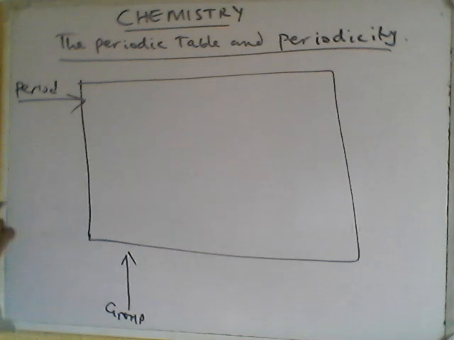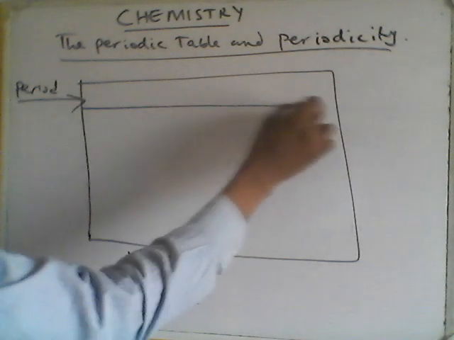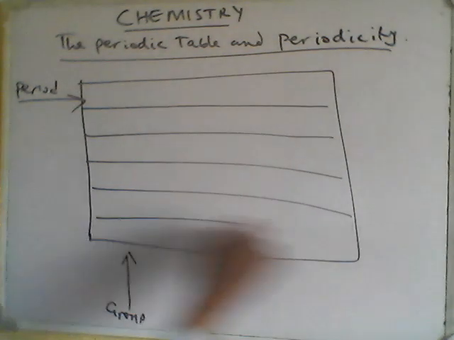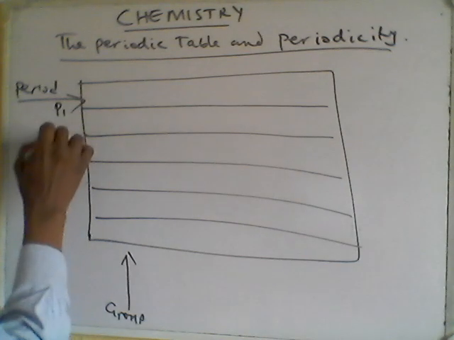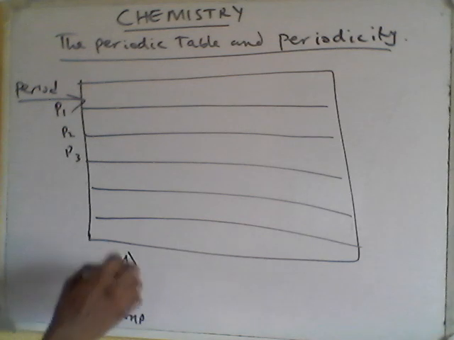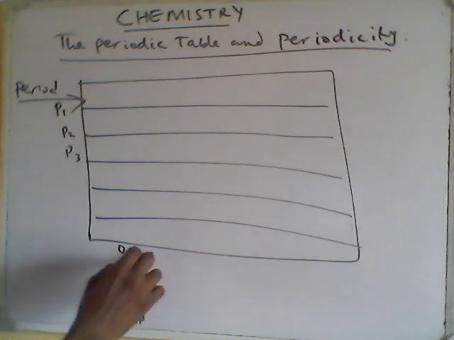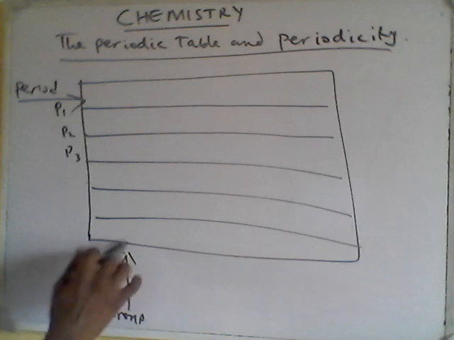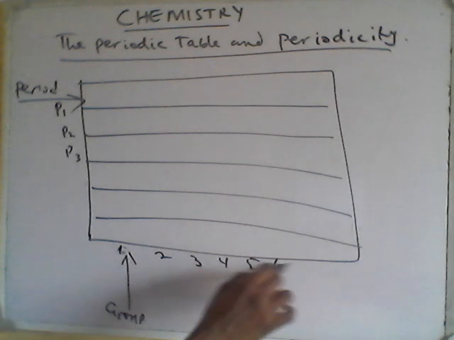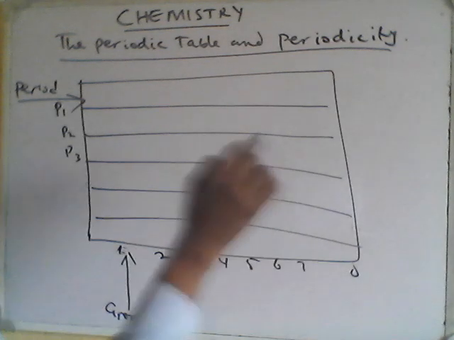So here I have elements arranged like this. You have periods, let's say period 1, period 2, period 3, and so on. Then you have groups 1, 2, 3, 4, 5, 6, 7, then 0.